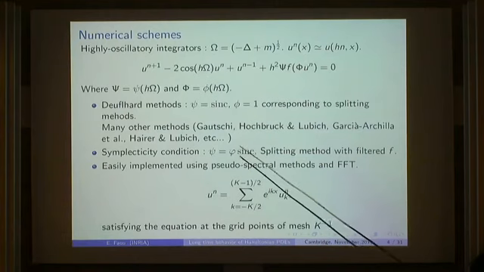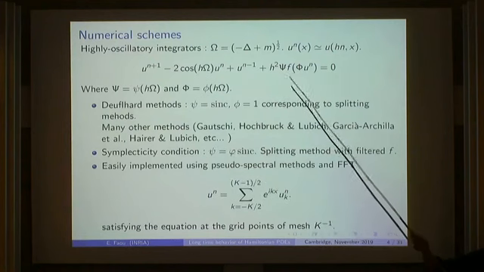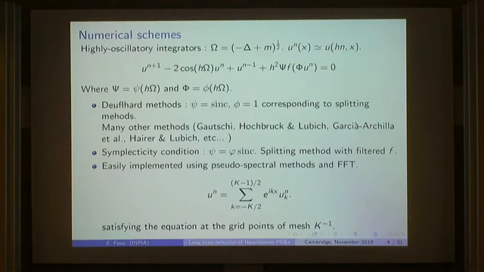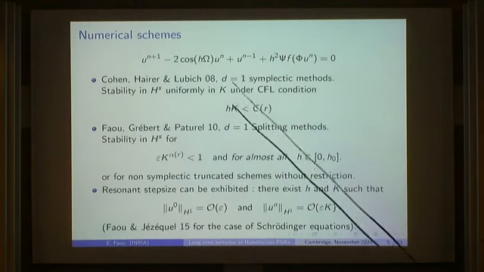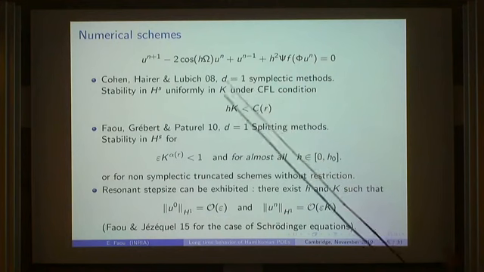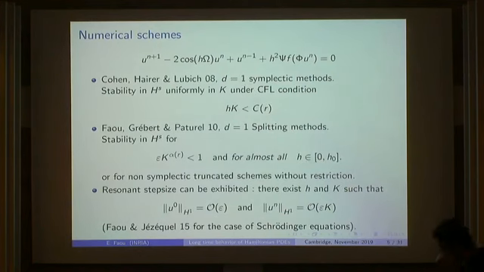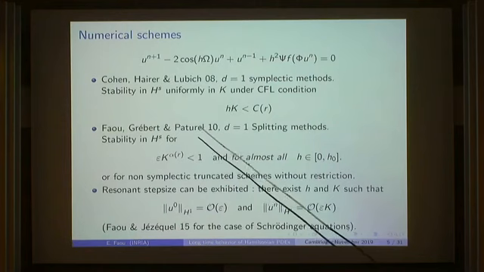And the symplecticity condition means that you have this relation between the two filter functions, and it corresponds to a splitting method with a filtered nonlinearity. So the analysis of this scheme was done. The first result is that the long time behavior of such schemes was available from the analytical point of view.